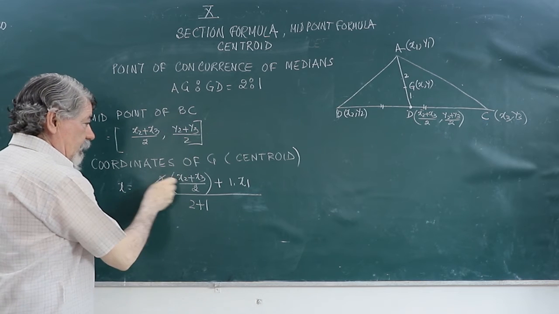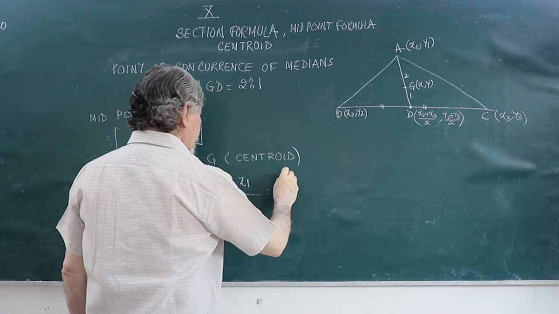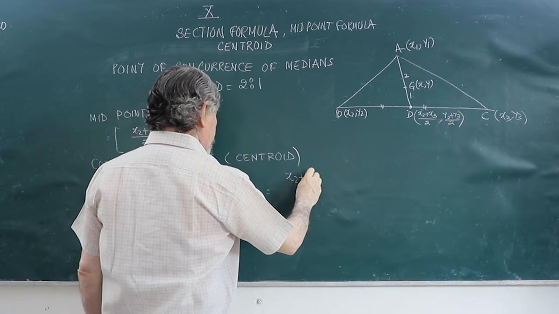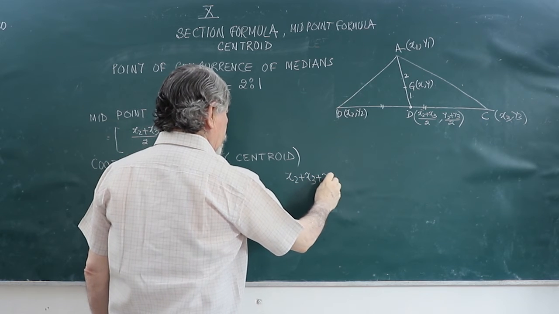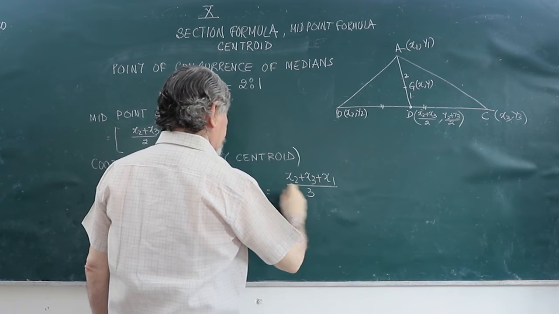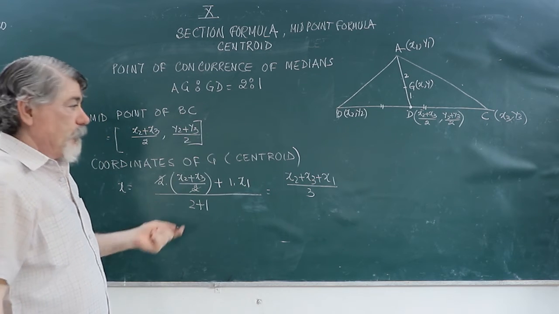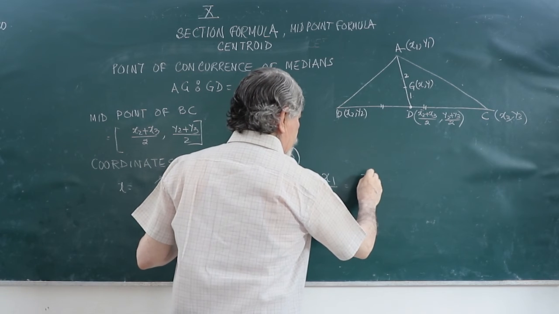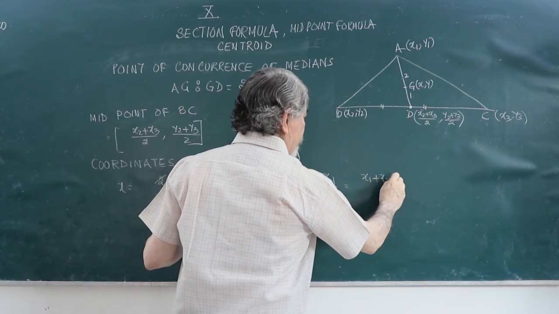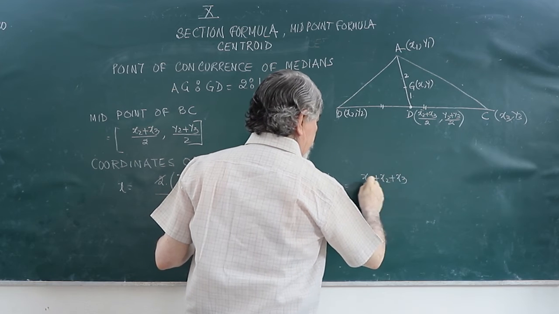So this 2 will cancel with this 2. You will get x2 plus x3 plus x1 upon 3. Because 1 into x1 is x1, 2 is cancelled. So I can write it as x1 plus x2 plus x3 upon 3.